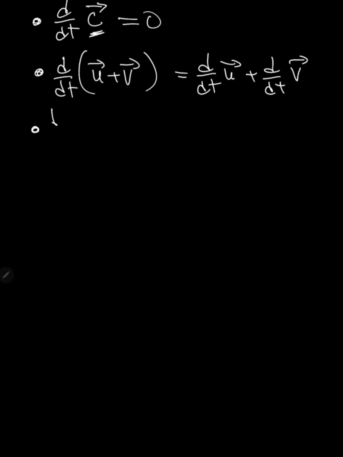The next one is kind of interesting: d/dt of f of t times u of t. So instead of just a simple constant, now we have a function of t.